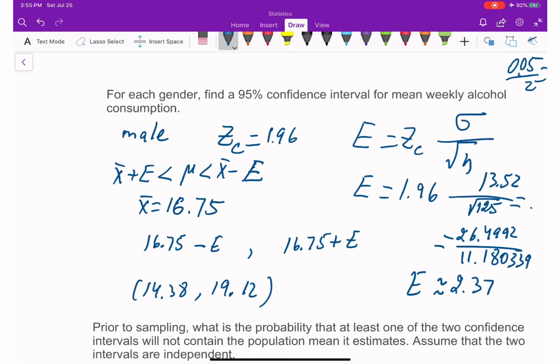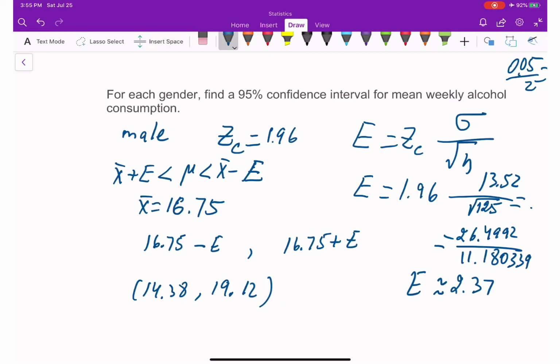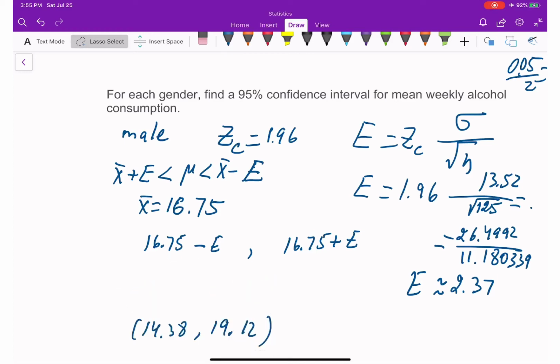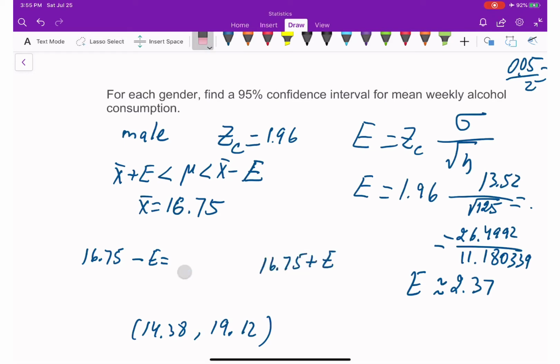All right. And from here, this would be equal, let me clean this, 16.75 minus 2.37.